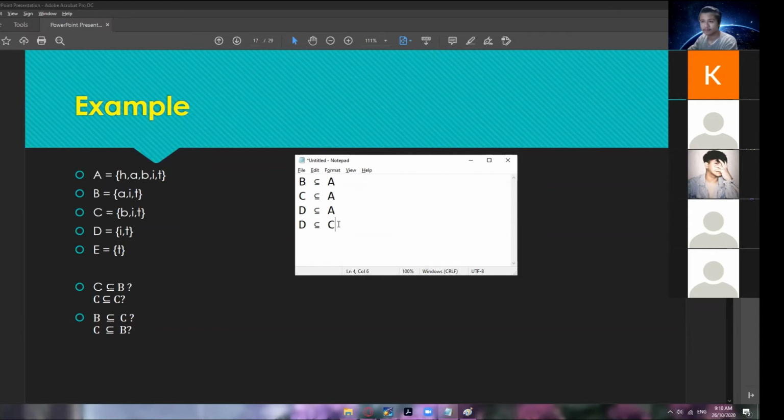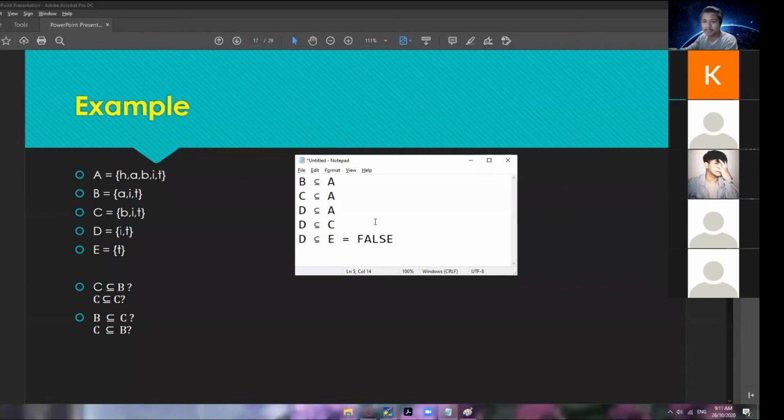Yes, sir. Pwede. Alright. How about D is a subset of E? No, sir. Hindi na kasi, ang meron lang dito is letter T pero hindi na natin mahanapan yung element I sa set E. So this one is false.